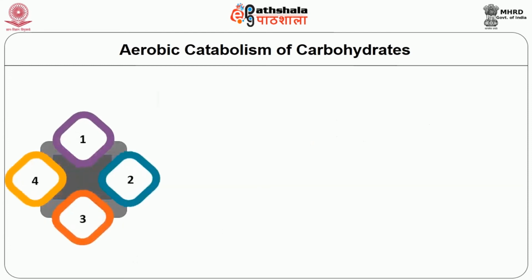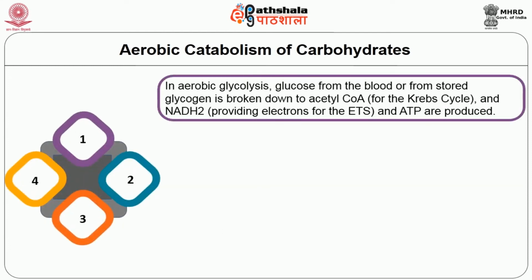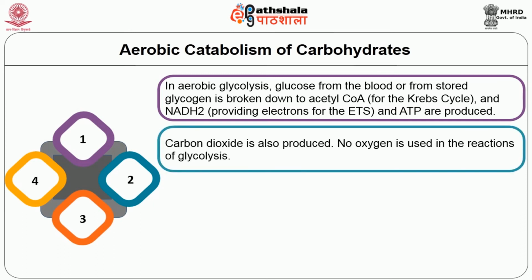In aerobic glycolysis, glucose from the blood or from stored glycogen is broken down to acetyl-CoA, and NADH2 and ATP are produced. Carbon dioxide is also produced.